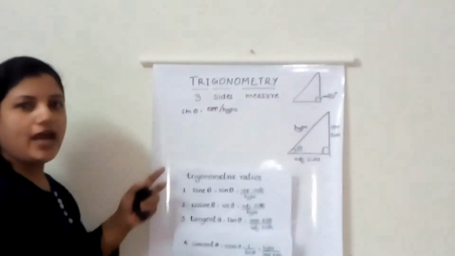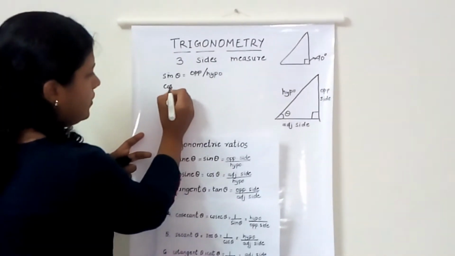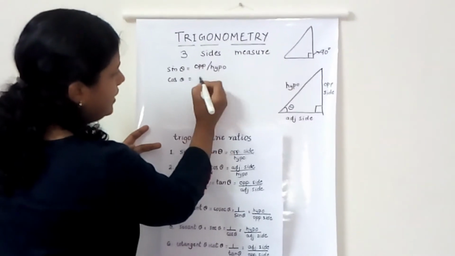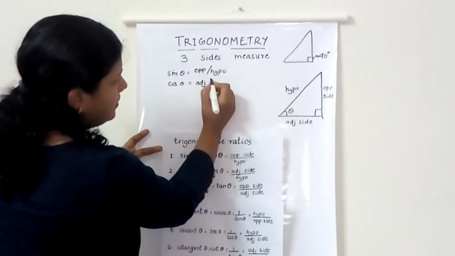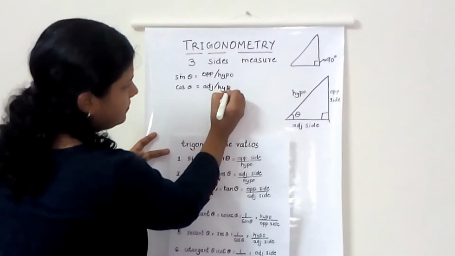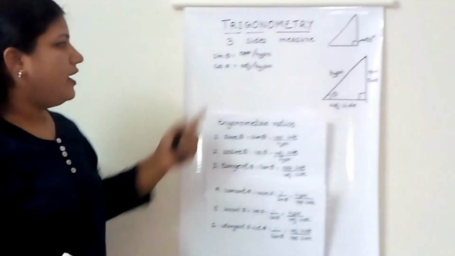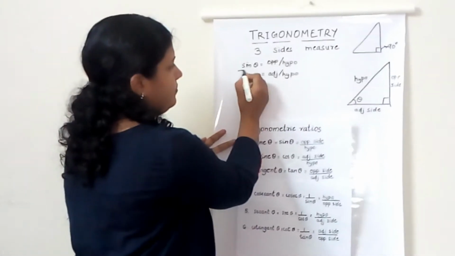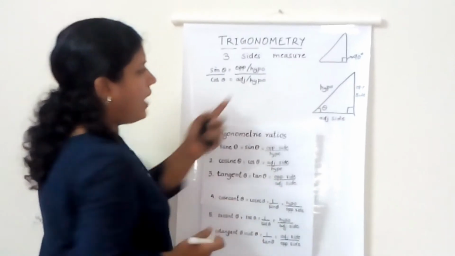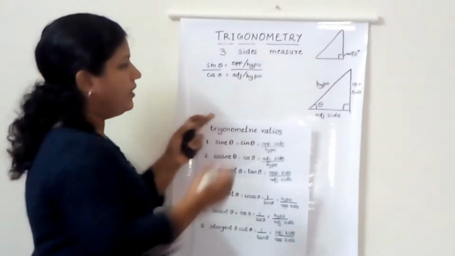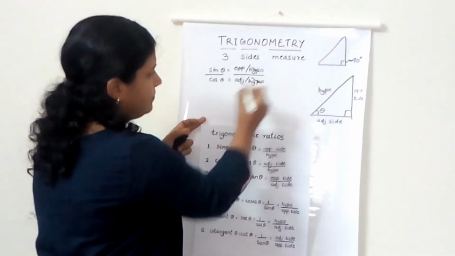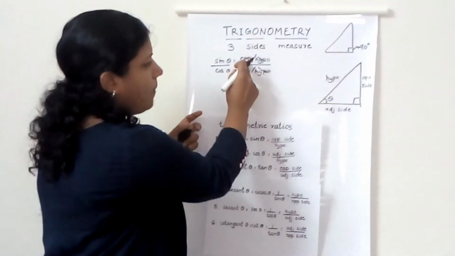And I also know that cos theta is adjacent side by hypotenuse. Now, if I divide these two, I can easily cancel out the denominators, they are both the hypotenuse. Then it gives me opposite side by adjacent side.